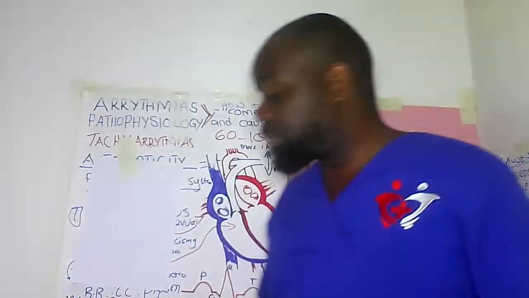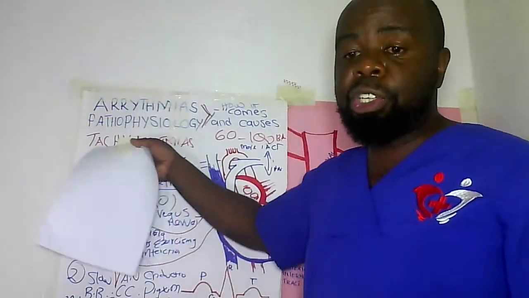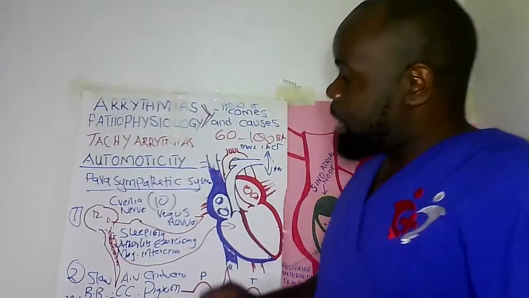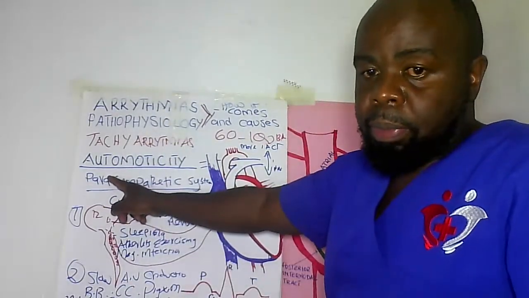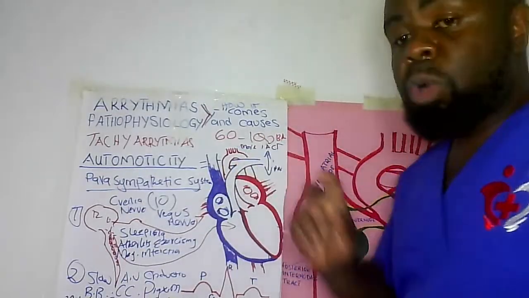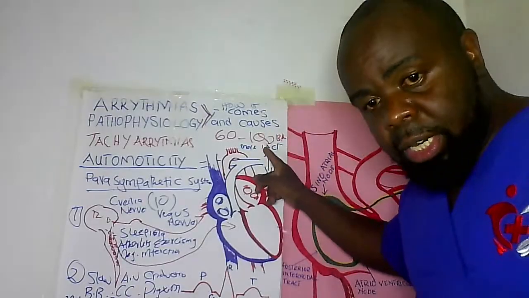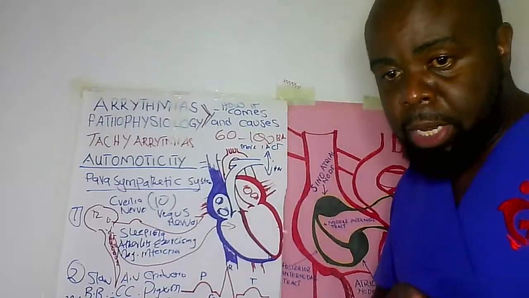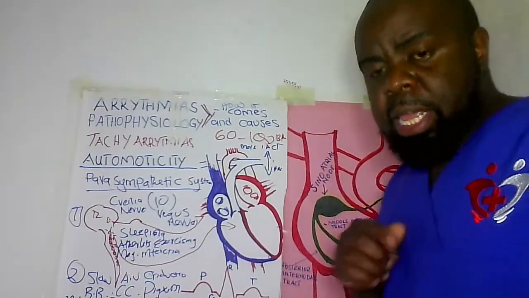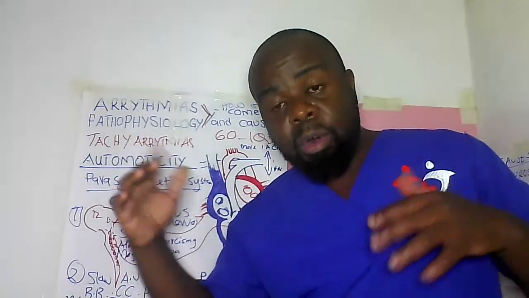Let me explain something before I continue so that people can understand. We have talked of automaticity. Automaticity is the normal way your heart beats, at 60 to 100 beats per minute. But there are some things that can make it beat faster or slower.